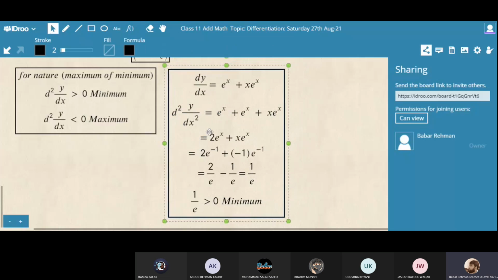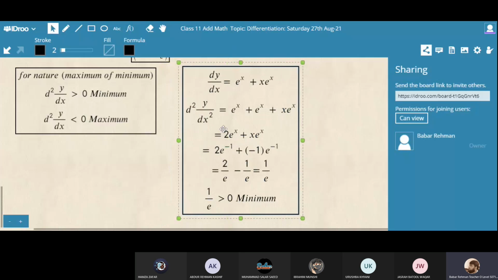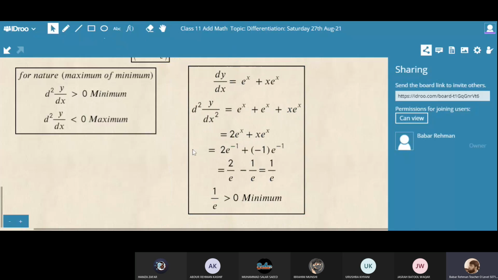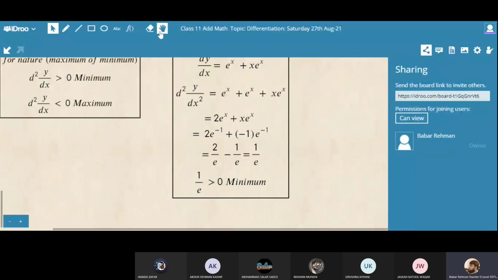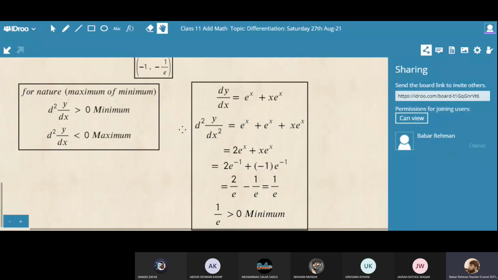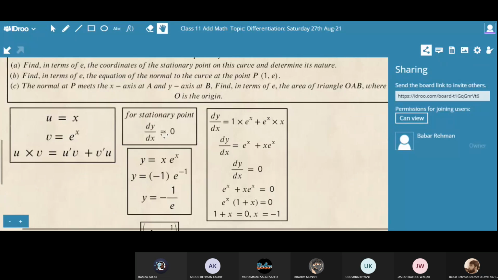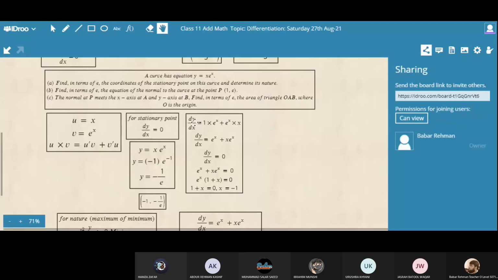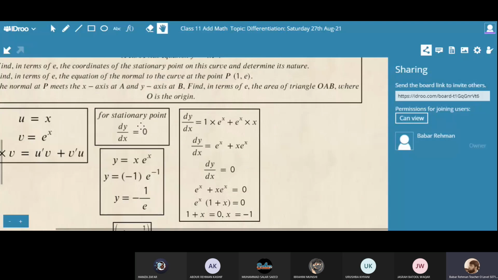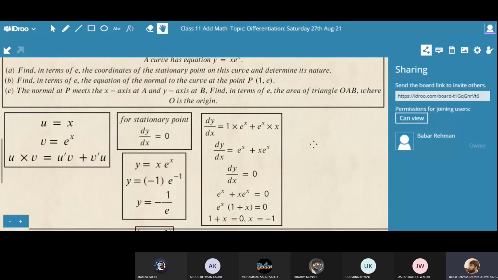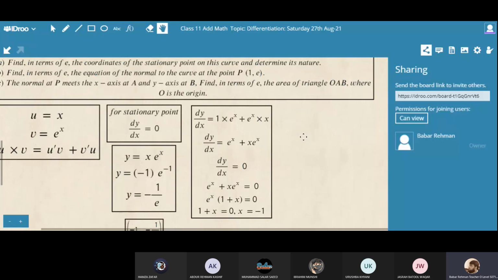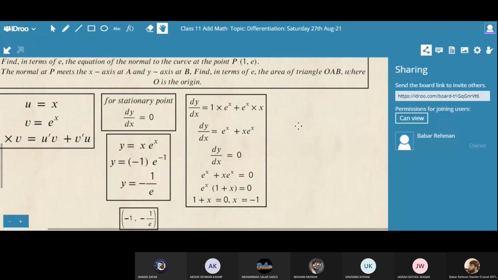Hurry up, students. Do this. And what about the second question? Equation of normal. Please do the equation of normal. The question has already been written for you: the equation of normal to the curve at 1 comma e.